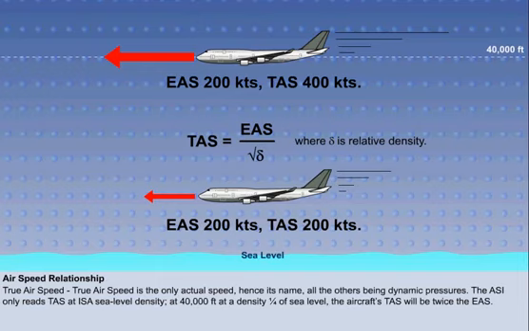That is the ambient density as a proportion of the ISA sea level density. The ASI is calibrated to ISA sea level, so it will only read TAS if the density is 1.225. Thus, at 40,000 feet, where the density is close to 1/4 of the sea level value, the aircraft will be moving through the air twice as fast as at sea level to maintain the same EAS.